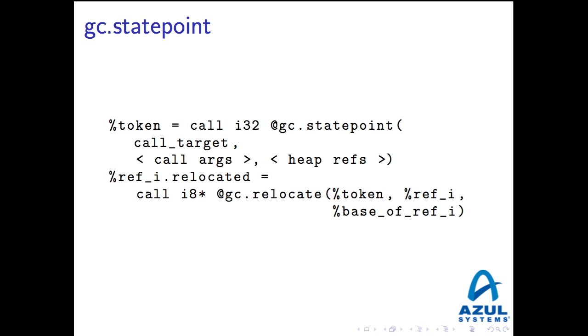Here we model the data dependence explicitly in the IR, and then you have ref I. I is like the I you use in for loops, and you have ref I relocated, which is the relocated version of the ith reference, mapped out from the tuple or token that is returned by gc.statepoint. And we also have the explicit notion of the base. So gc.relocate also takes an LLVM value that corresponds to the base of ref I, so that it's easy to look up that way. It's present directly in the representation.